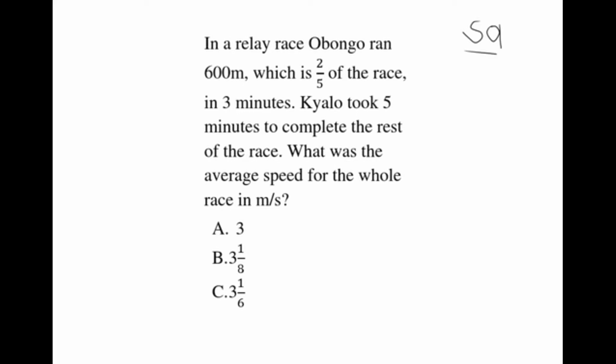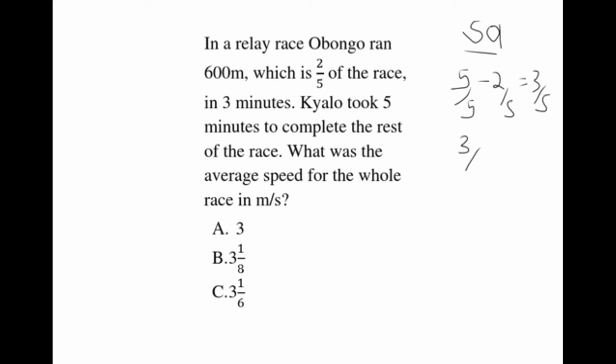600 meters. We are told that this is 2/5 of the race. The rest of the race is 3/5. The whole race is 5/5. Therefore, to get the rest of the race, we take 5/5 minus 2/5, which is 3/5.